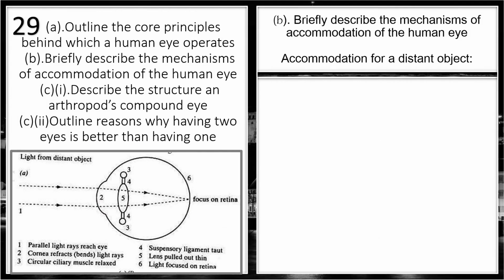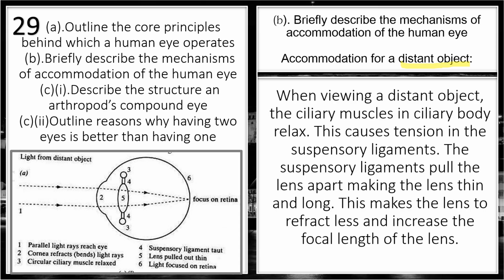Accommodation of a distant object. When viewing a distant object, the ciliary muscles in the ciliary body will relax. This causes tension in the suspensory ligaments.